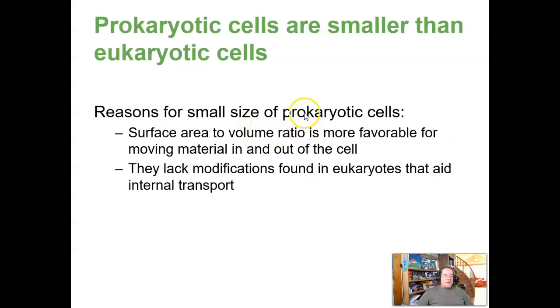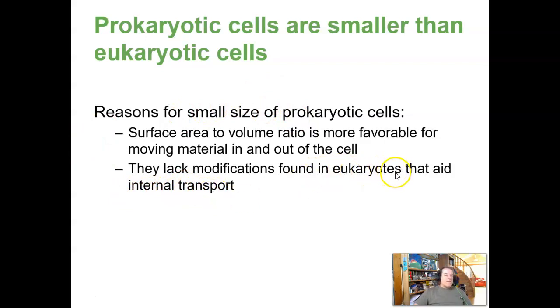In prokaryotic cells, that's really small. In eukaryotic cells, because of their ability to transport things around, eukaryotic cells can move large amounts of material quickly inside themselves. Bacteria can't. Because of that, eukaryotic cells can get quite a bit larger because they've got this internal transport system. So eukaryotic cells are also limited.